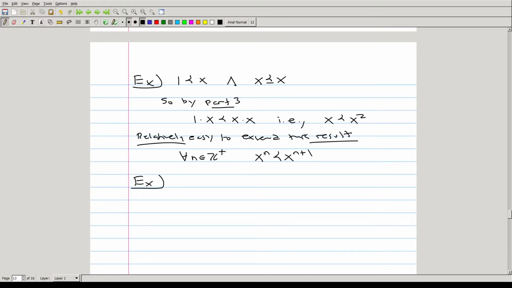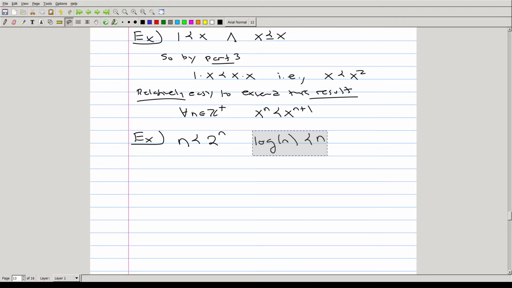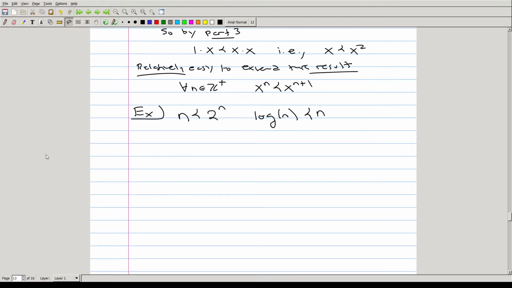For another example, we'll take something that we've previously shown, which is that n is strictly dominated by the function 2 to the n, and log of n is strictly dominated by n. Therefore, we can conclude from a relatively straightforward extension of part 1 that n times log of n will be strictly dominated by n times 2 to the n.